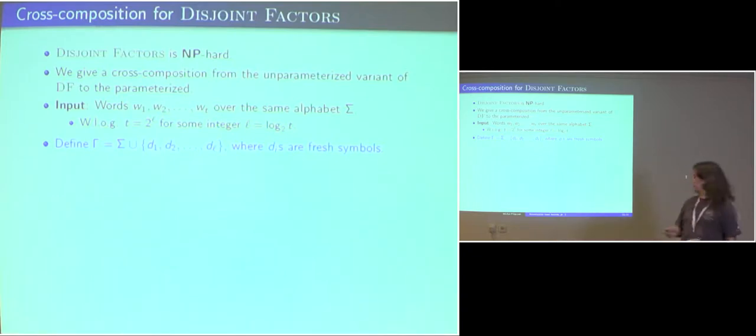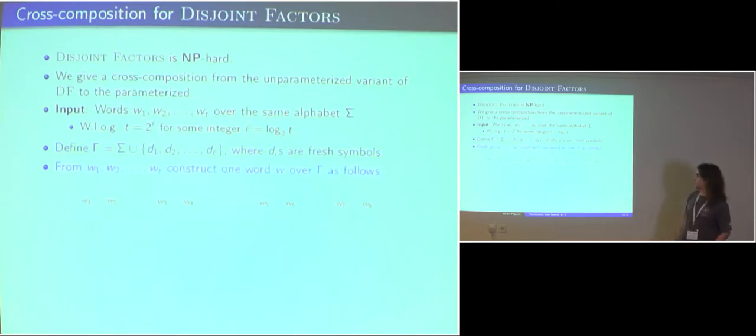I will add L, so log T, new symbols, D1 up to DL. Observe that in this manner, the new parameter, the size of Gamma, the new alphabet, is bounded by the old parameter Sigma, the maximum instance size in the beginning, plus log T. Which is allowed in a cross composition.